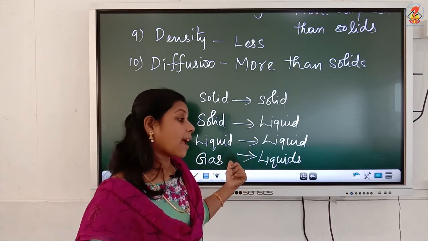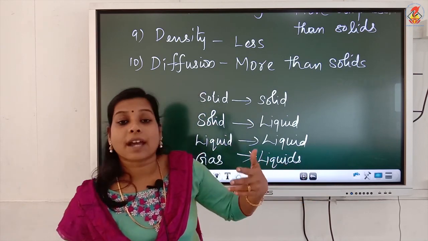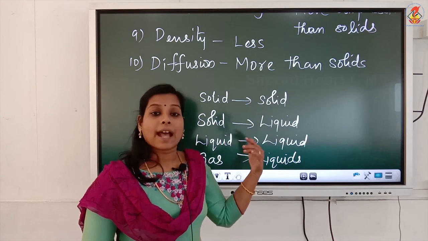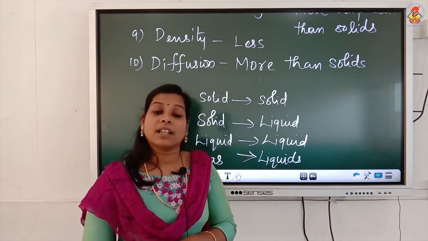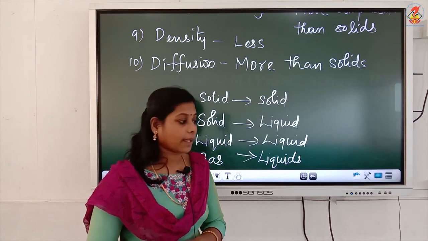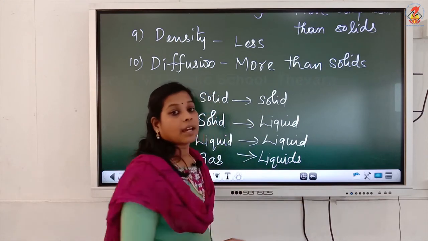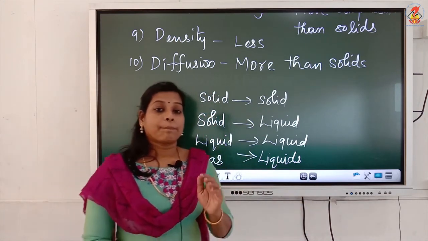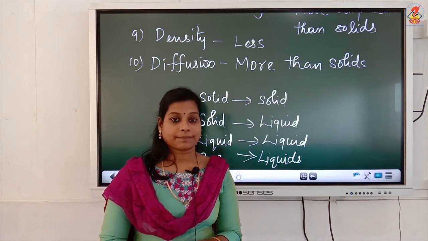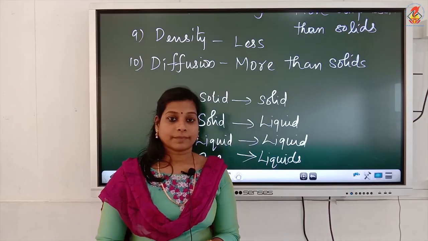Oxygen is a gas that is dissolved in water. And for photosynthesis they use the carbon dioxide gas dissolved in water. So gases also can diffuse into liquids. So this much about the characteristics of the liquid state. Thank you, children.